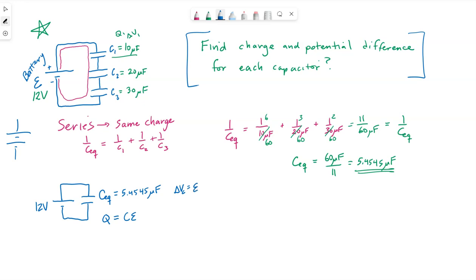And that's 12 volts. So now that I know what those three capacitors are equivalent to, I can multiply them by this 12 volts, and this will tell me how much charge would accumulate on the plates of this capacitor if I only had this one capacitor.